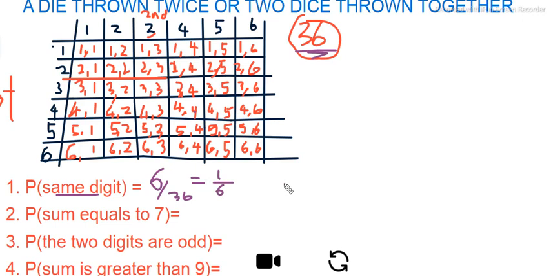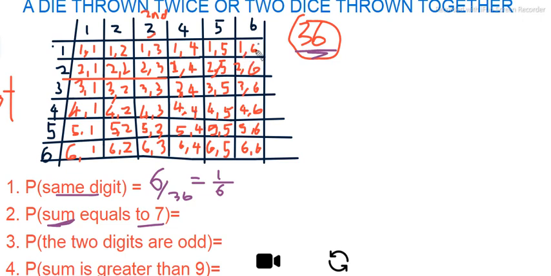The second question is the probability that when we add up the numbers, the sum will be equal to 7. So we go back to the table, we look at those that add up to 7. This will not add up to 7. Okay, this is one that will add up to 7: 6 plus 1 gives us 7. So this will add up to 7, and this, and this.